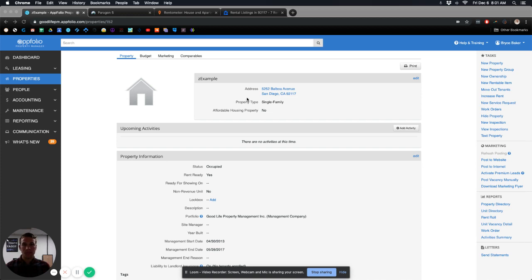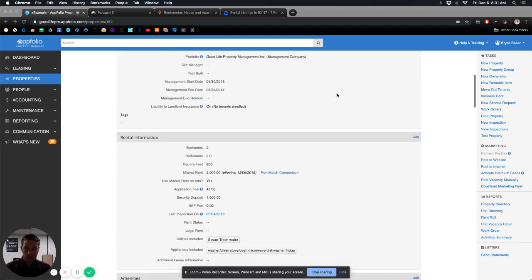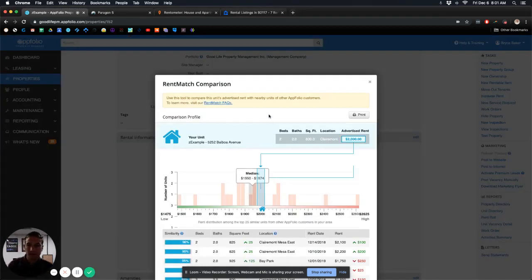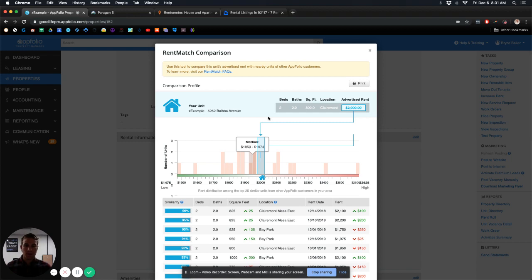Any good management company is going to have a management software that's able to pull from comparable properties pretty easily to give a high-level overview of similar rentals in the area. For us here at Good Life, it's AppFolio, and this platform has what's called a rent match comparison, and basically it pulls from similar properties in the zip code that have actually rented, which is a crucial component when looking at comparative data.